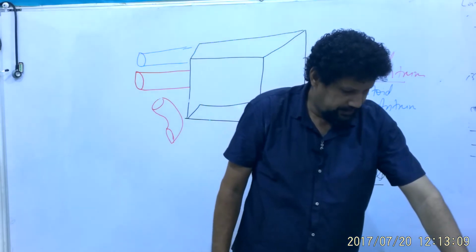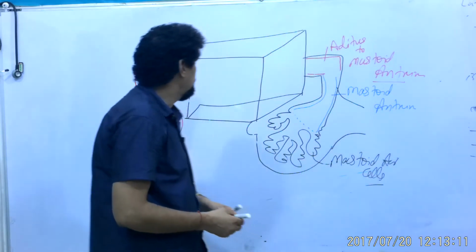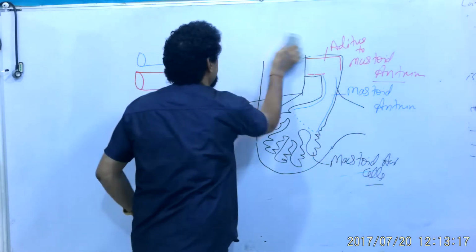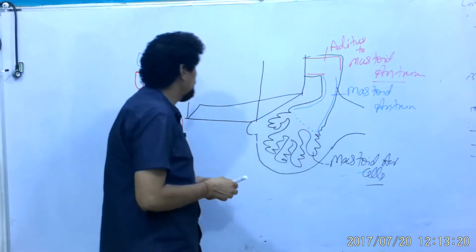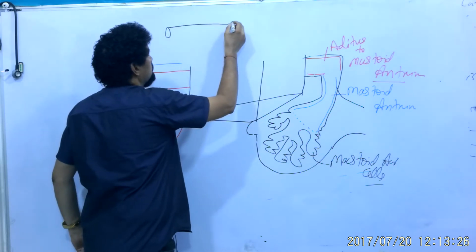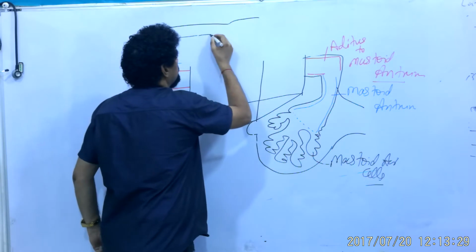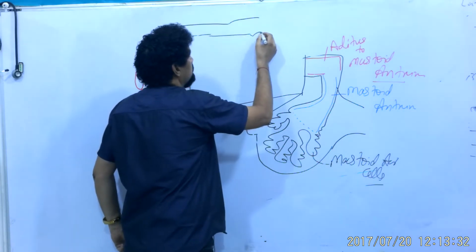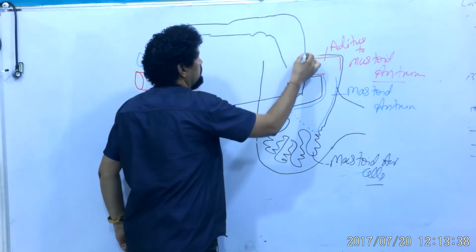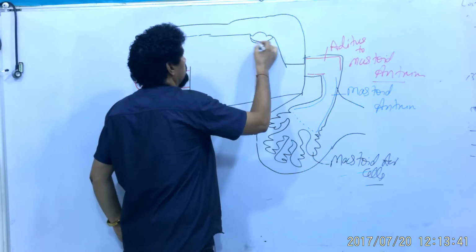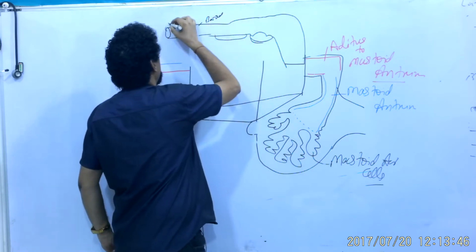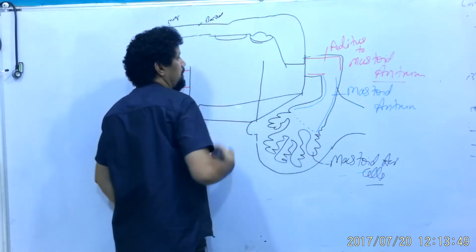So when we draw the diagram of a pistol, this is the barrel, this is known as the muzzle, and this is the handle.